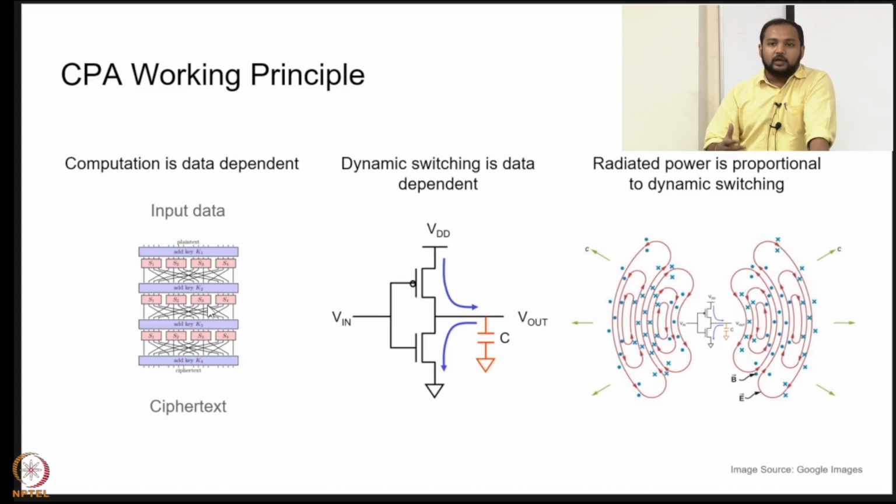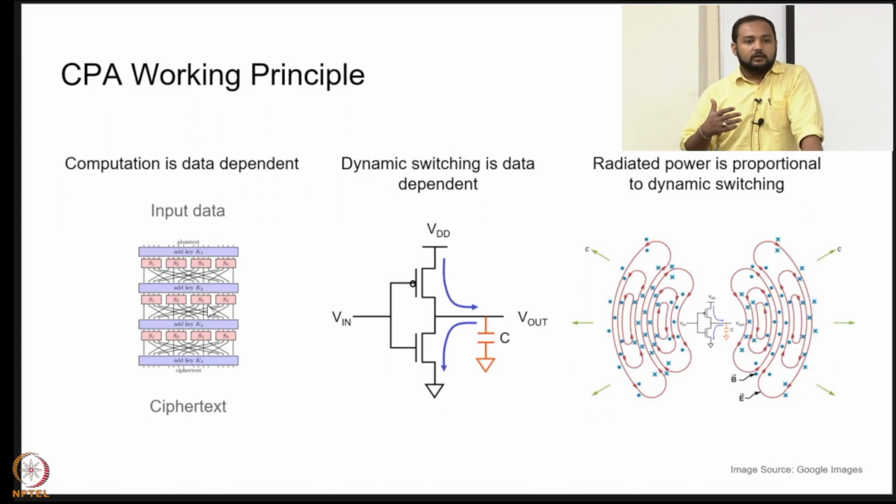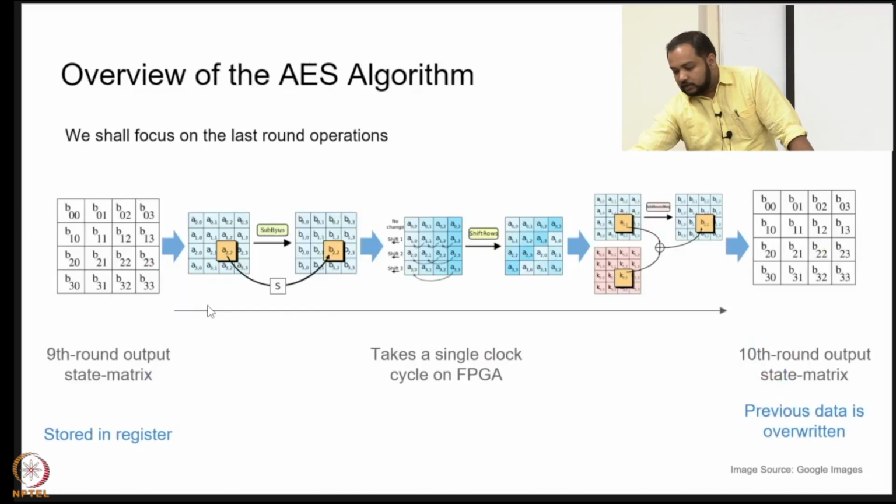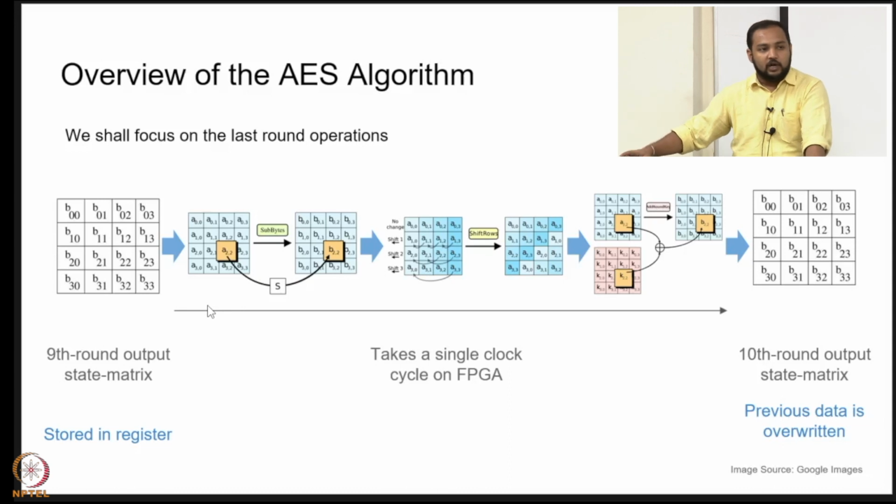So when we target to do CPA on an implementation, suppose an FPGA implementation where we have implemented AES, we generally target the 9th round, or rather the 10th round, where the data is being stored onto the register. In this step the 9th round output will be stored onto a register, and then the ciphertext will be given as the output.